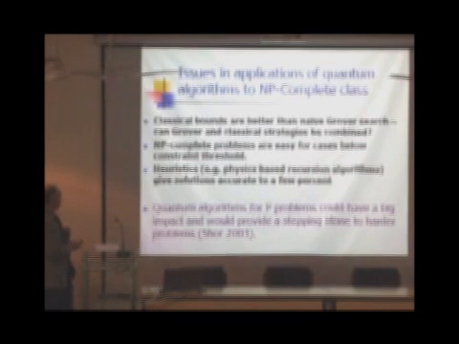And in the context of quantum computing, I want to say again that in NP-complete problems, the classical bounds are currently better than doing a naive Grover search. So we have to work together. We have to combine Grover and classical strategies in order to make progress. There are also many cases where NP-complete problems are easy, and it's really important to understand why they're easy, and what algorithms are necessary to make them easy, before we start using quantum algorithms.